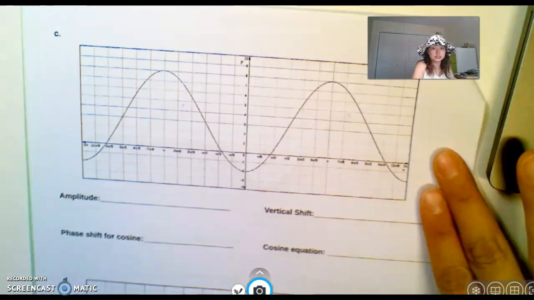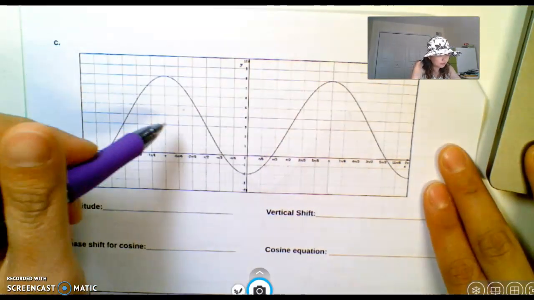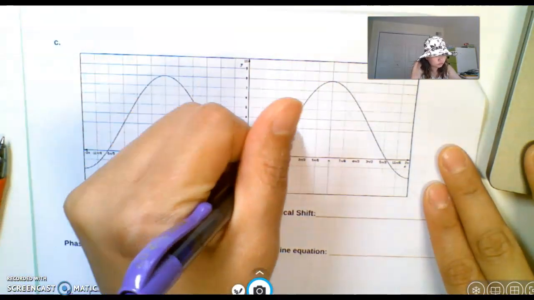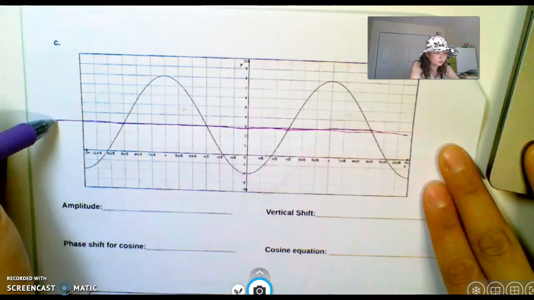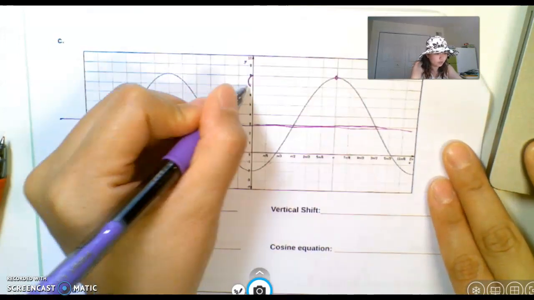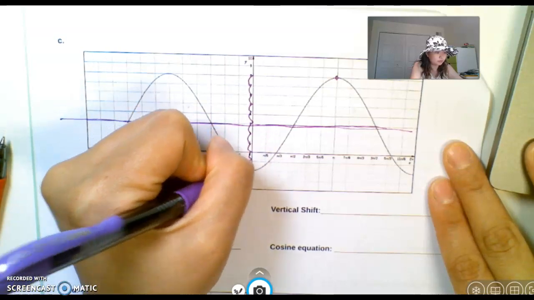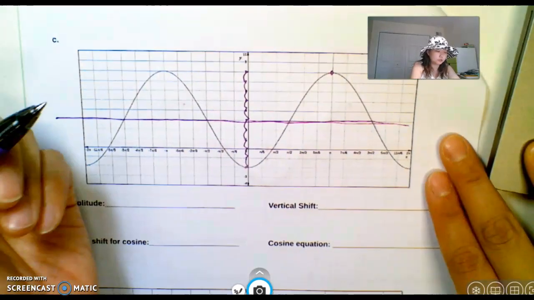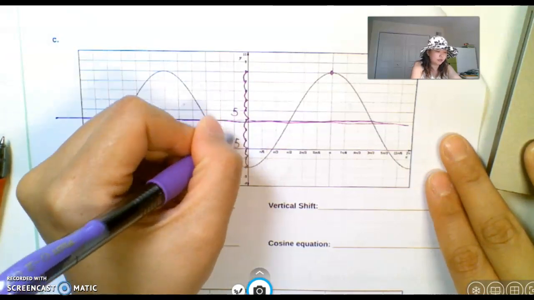Let's see. I'm going to start by finding the middle first. To be honest, I found it right away because we did this on the sine graph too. But if you're confused, go to the highest point, then move all the way to the lowest point and see how many spaces are in between. There were 10, so you have to move down 5 and 5 to make it the middle.